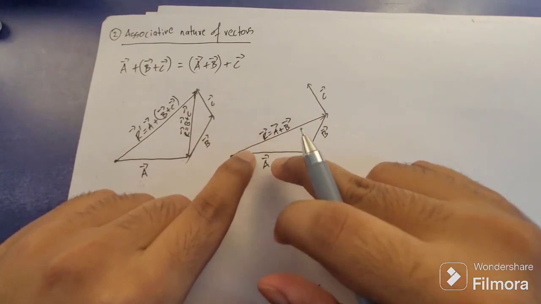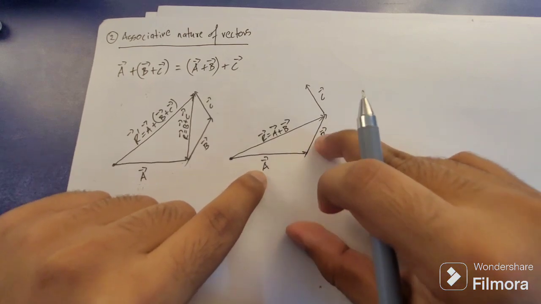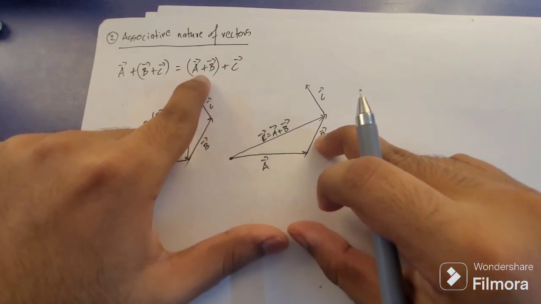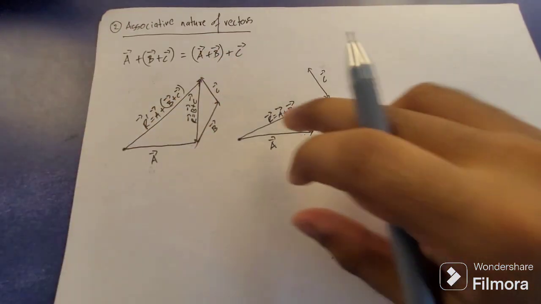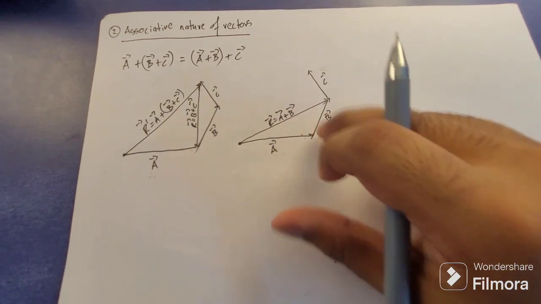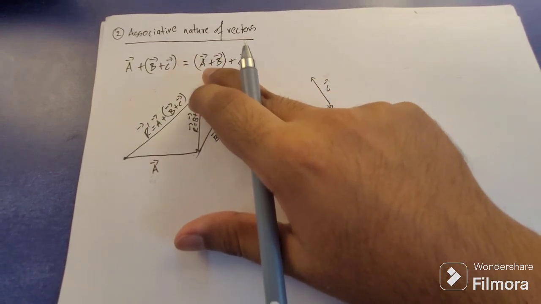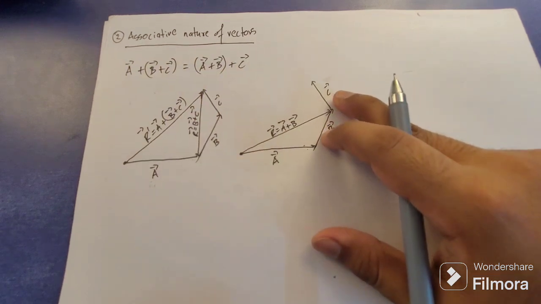This resultant vector is the sum of A vector and B vector. Now that we have calculated the sum of A vector and B vector, then we will add it to C vector. So now that we have calculated the resultant of A vector and B vector, which is this bracket right over here, then we have to add it to the C vector, which is this vector over here.